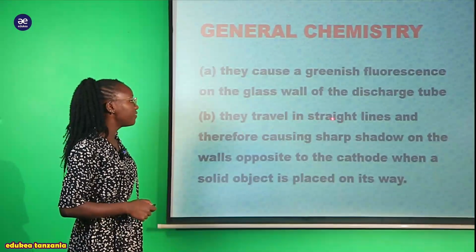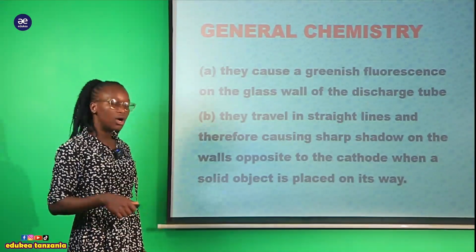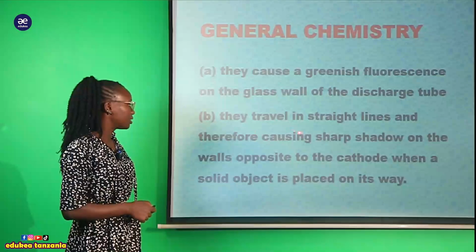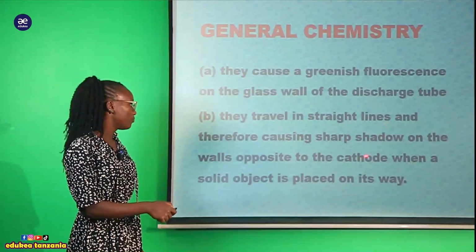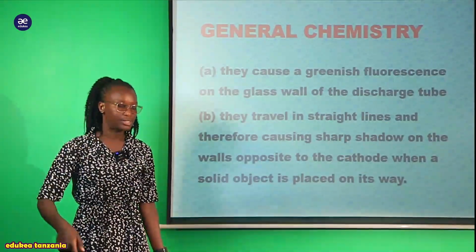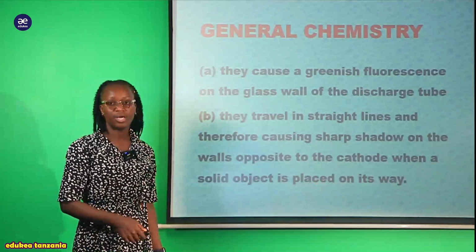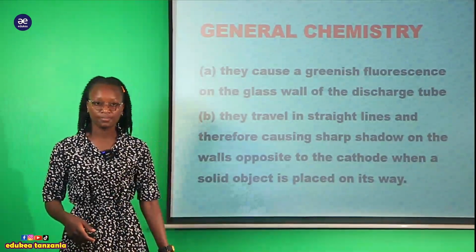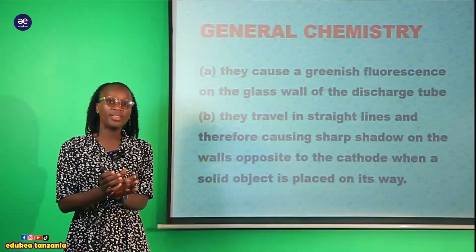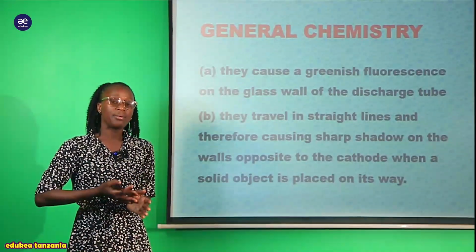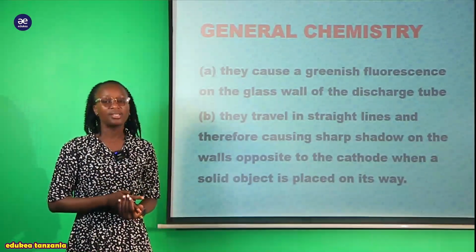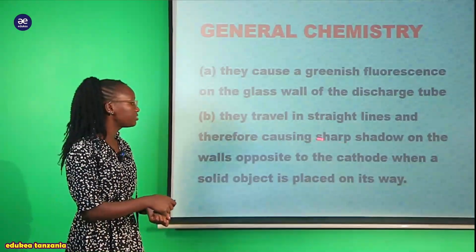Kwa hiyo anasema kwamba they travel in straight lines. Not only that, during their travel in a straight line, they cause a sharp shadow on the wall opposite to the cathode when a solid object is placed there. Kwamba kwenye opposite to the cathode, kwenye ile discharge tube, when an object, maybe a metallic object, is placed there, you can see that there is a sharp shadow.